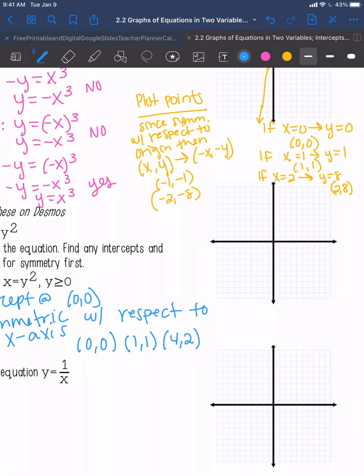So if we graph those, it looks like that. And then our other half was like so.